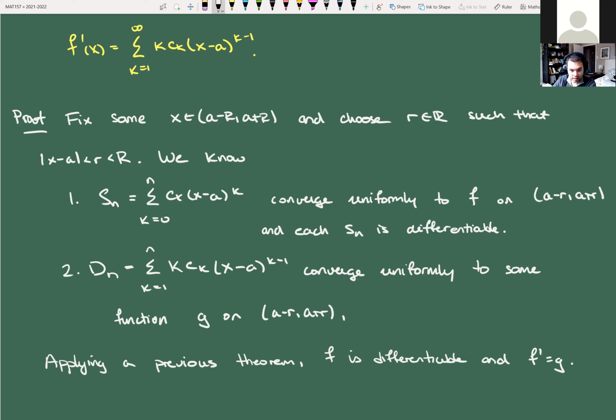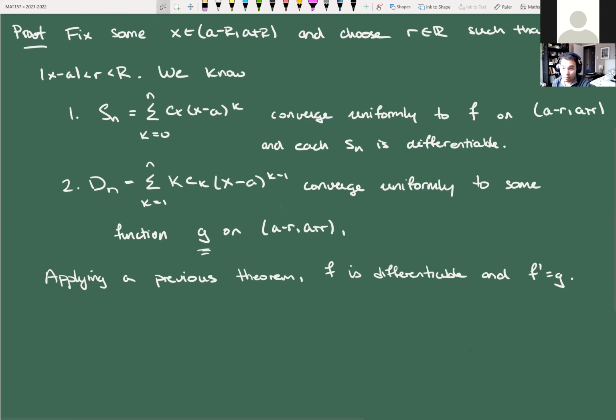Do you remember that sort of statement there? So f prime was equal to whatever this function g was, i.e. it's convergent, right? This is what the differentiated power series converges to. So yeah, no problem. That's exactly what we wanted, right? F prime is equal to the differentiated power series. And this is what we wanted to show.